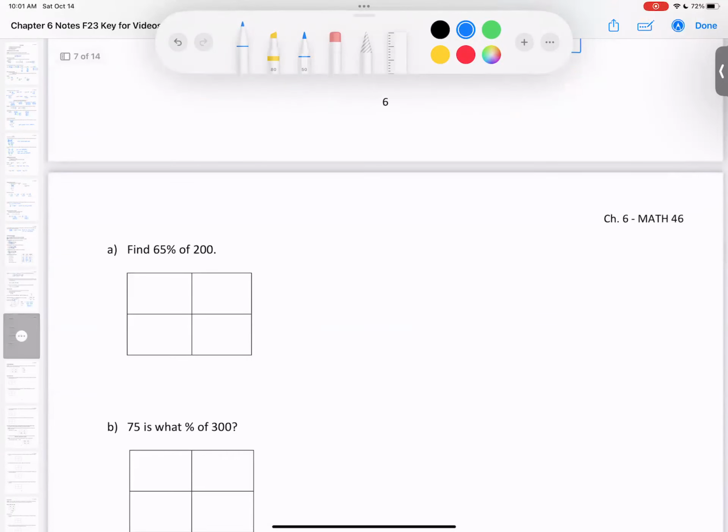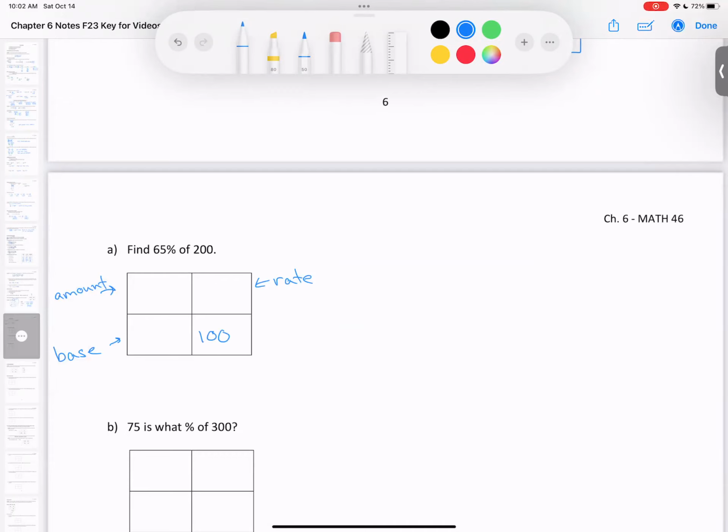Okay, let's take a look at the next one. So we want to find 65% of 200. Okay, well, let's fill out our box. So we want to have our amount up here, our base below it, our rate over here, and it's always going to be out of 100.